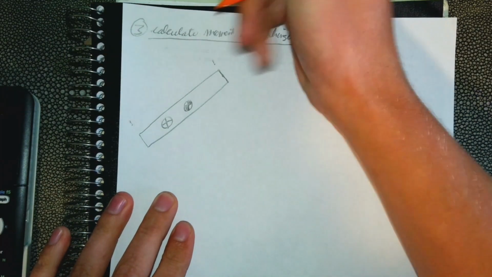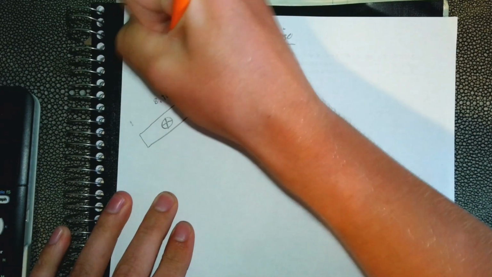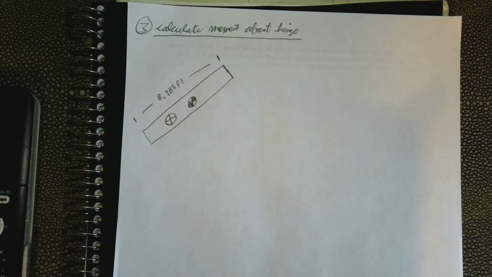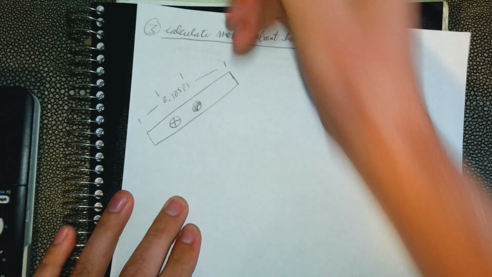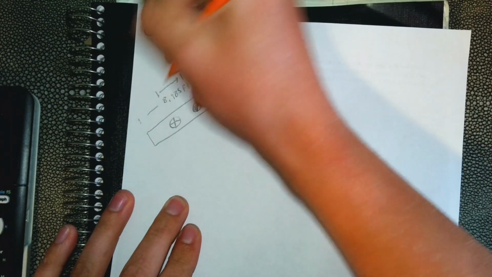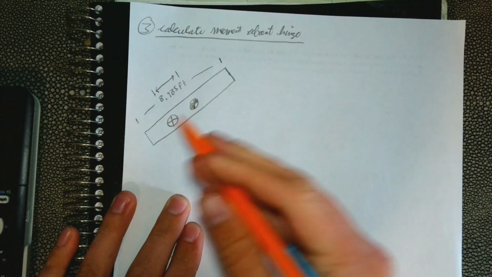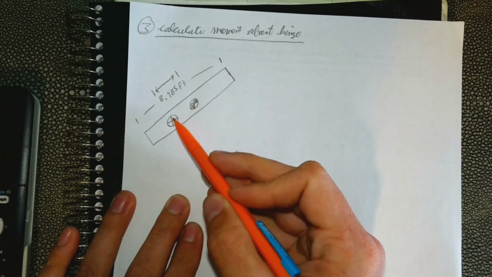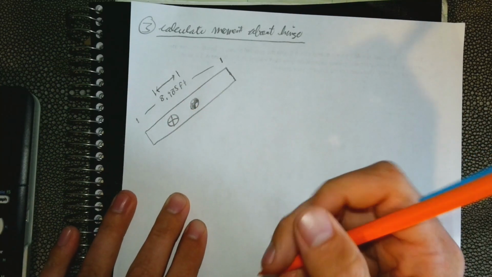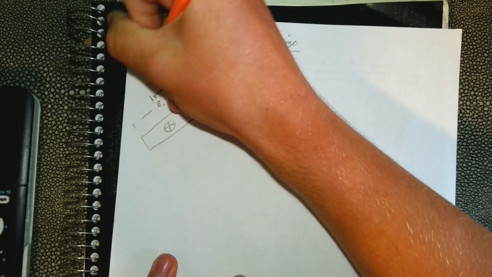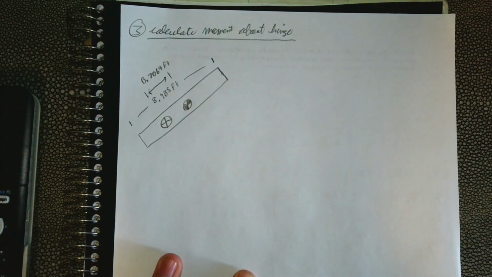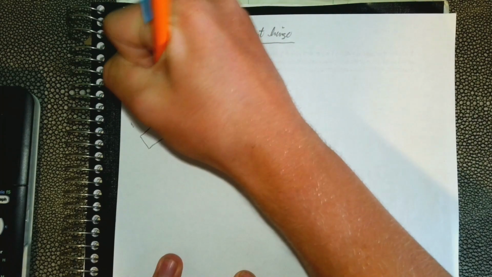Know that the length of the gate, we solved for that. I'm going to write the distance between the centroid of the gate and the center of pressure. We just solved for that. That is 0.7069 feet, right?